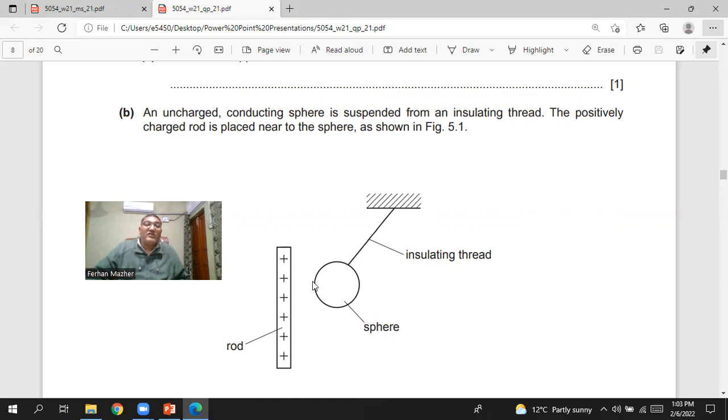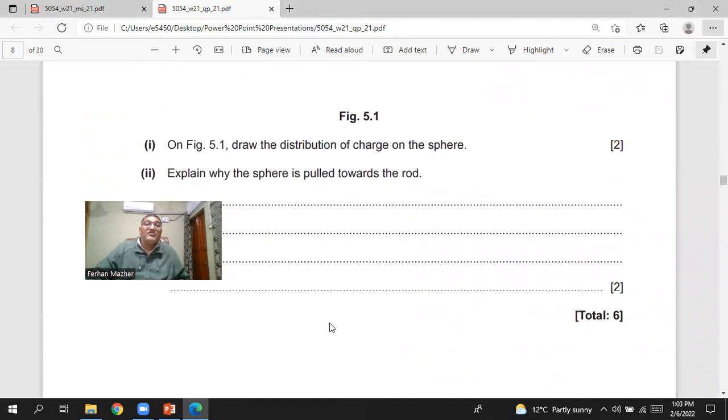Electrons will accumulate on the left end of the sphere, and on the right end of the sphere, a deficiency of electrons will be created. So here a negative charge will show up and here a positive charge will show up. The amount of negative and the amount of positive charge will be equal to each other. So on figure 5.1, draw the distribution of the charge on the sphere.